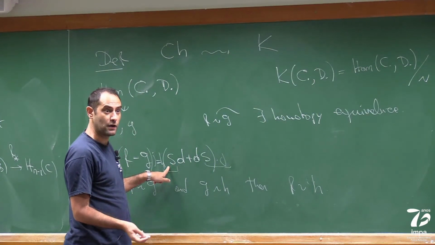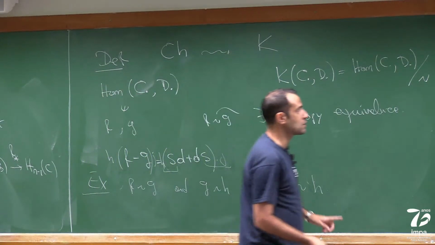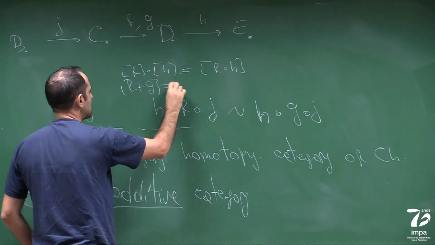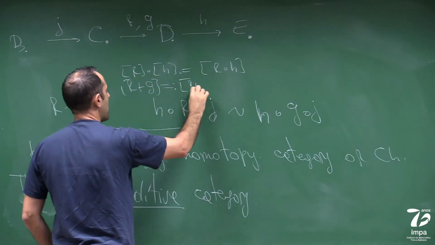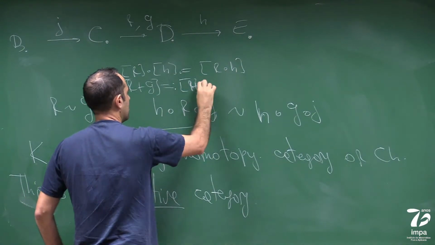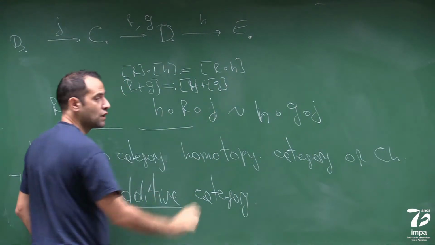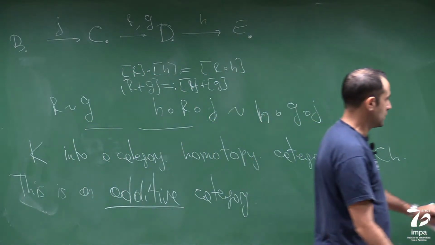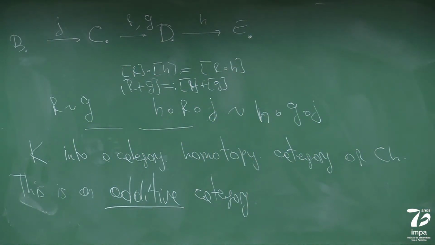This is a linear map, the s's are linear maps. So clearly the homotopy class of F plus G is the sum; I define it to be this way, and this is well defined. It does not depend on the representatives of the classes that I've chosen. So it's clear that the homotopy category is an additive category. 0 is the additive unit, and the homotopy class of 0 I declare to be 0.